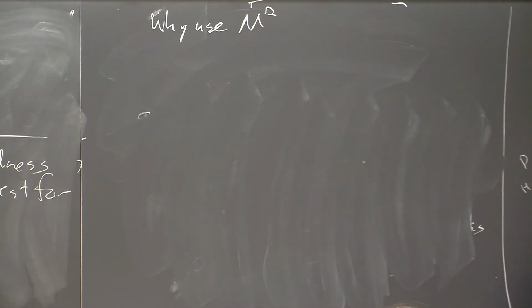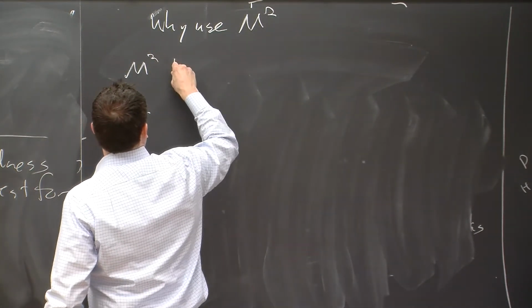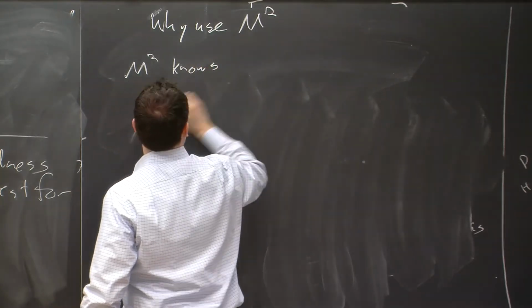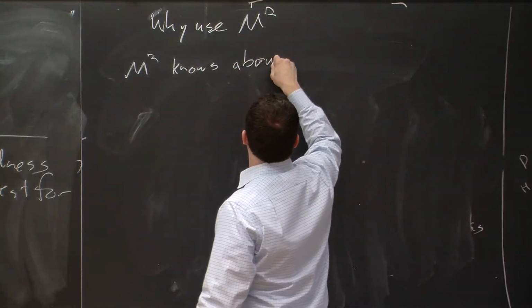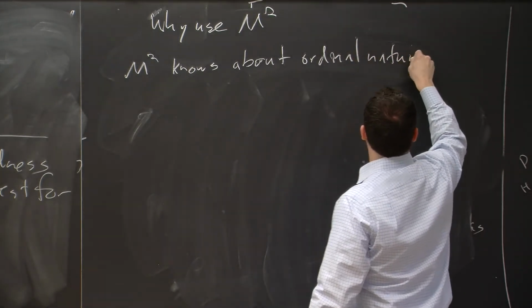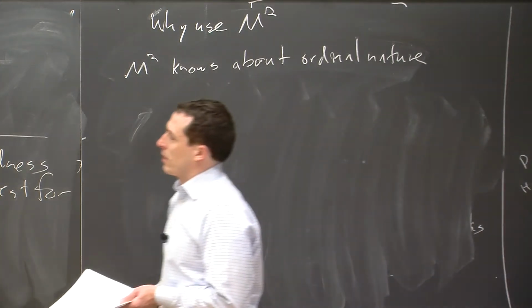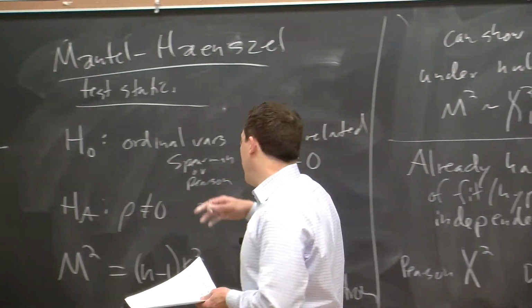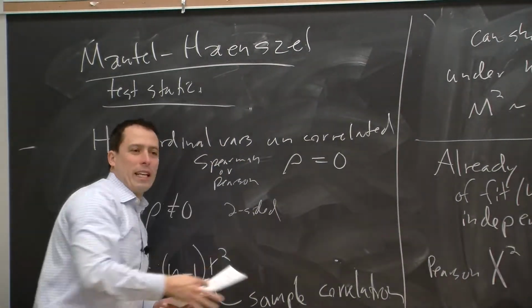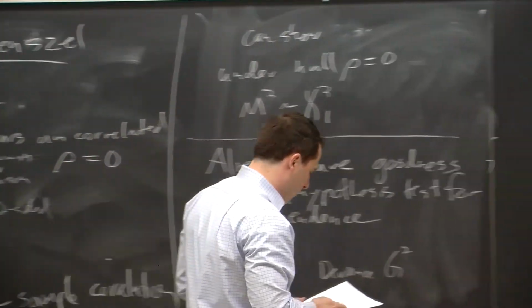So the idea is that because of the way we constructed it, m squared is aware of the higher hypothesis about the ordinal nature of the data, right? We're asking a very specific question. We're saying not are these related or not, but just are they linearly related after this transformation? Do they have this particular relationship?